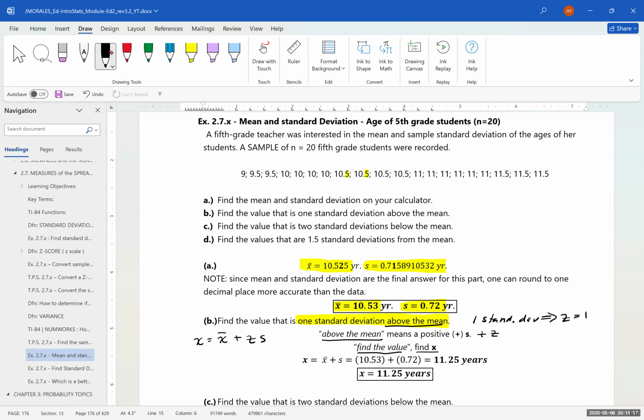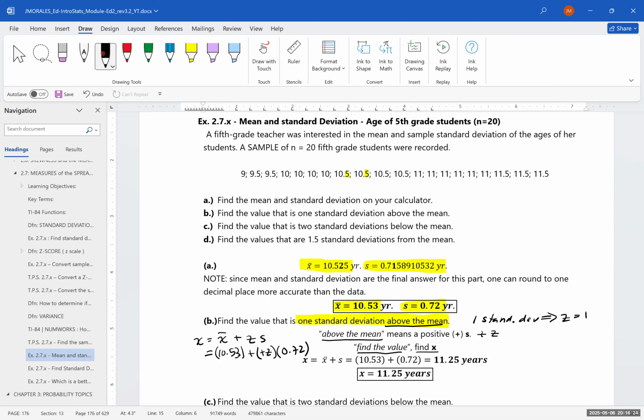Okay. So our mean was 10.53 plus a z-score of 1, should be a positive 1, because we want a value above the mean. We have a standard deviation of 0.72.